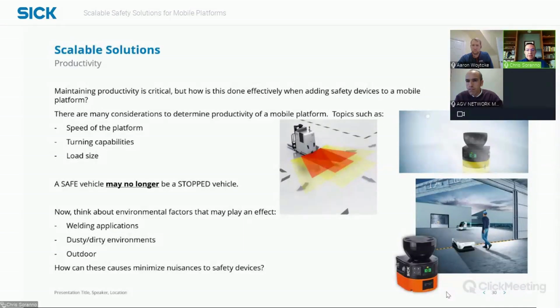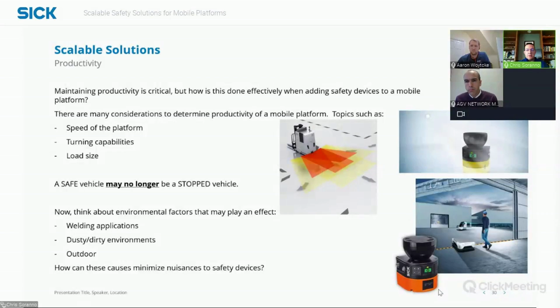When we talk about the application standards, R15.08 talks about use of industrial mobile robots in structured or semi-structured environments. So just like this picture shows on the screen, if it's going between buildings, you still need to have worker safety here, right? And we need to make sure that we have technology and sensors that will perform as required in those environments.